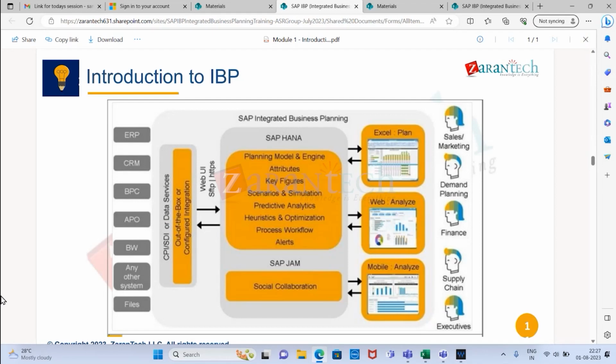Okay, that's perfect. So when you finalize the consensus forecast, first there is an unconstrained forecast from the sales team, right? And then you discuss with them and finalize the consensus forecast, which is agreed by you as well as the sales team, right? That is correct. Theoretically, that is correct. But it depends on the customer.